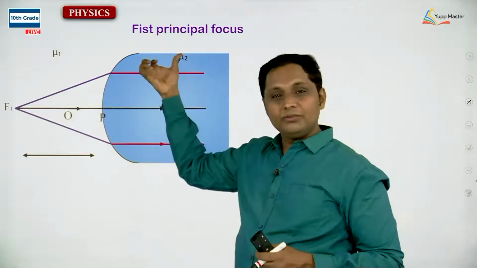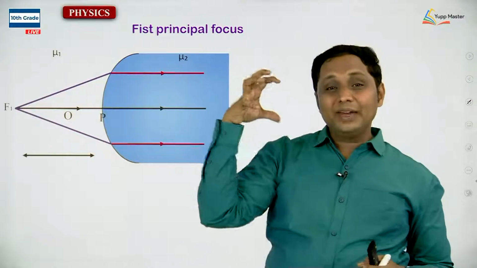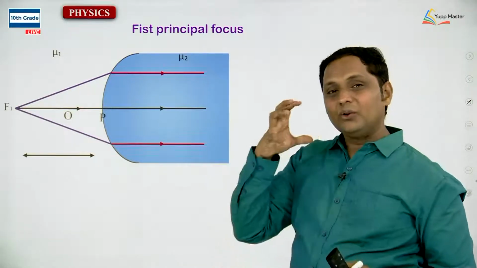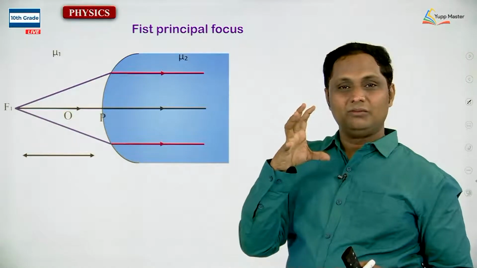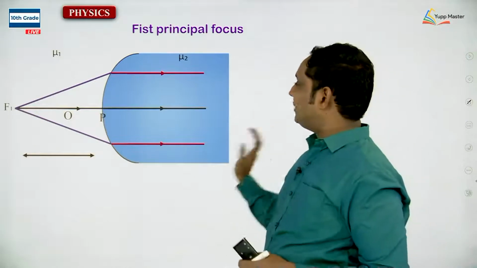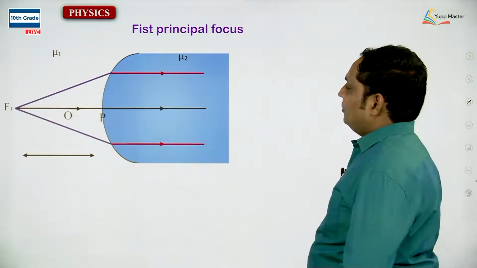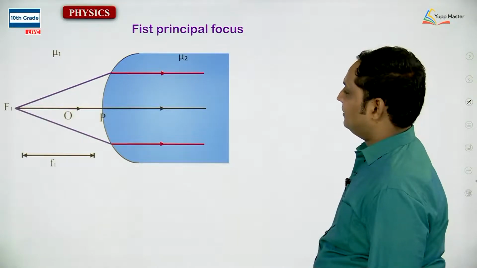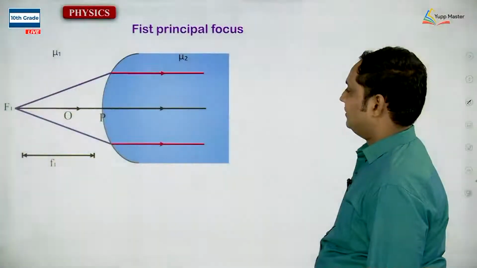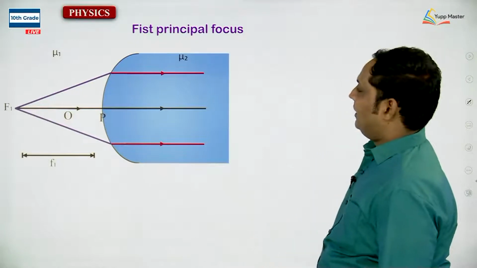So, they are going to originate. Sometimes they are going to meet at one point. That is, they are going to be converged in case of a concave refracting surface. We just have to see, this is the case we are going to take. Now, this is the case we would like to discuss, right.